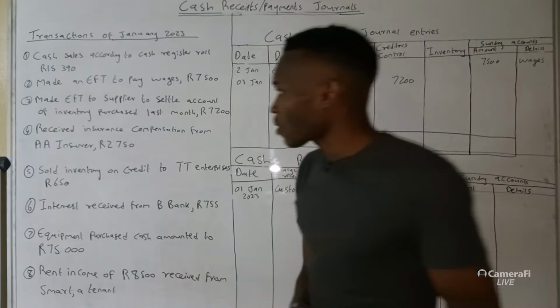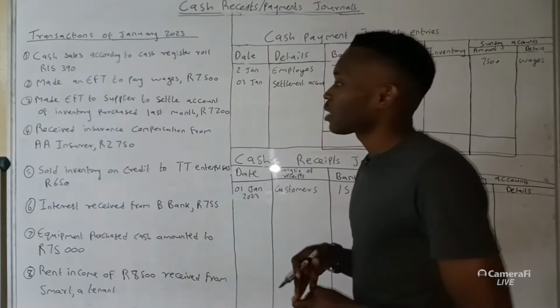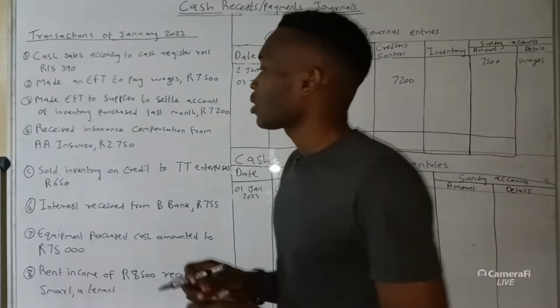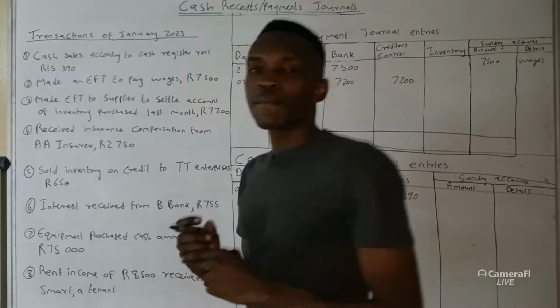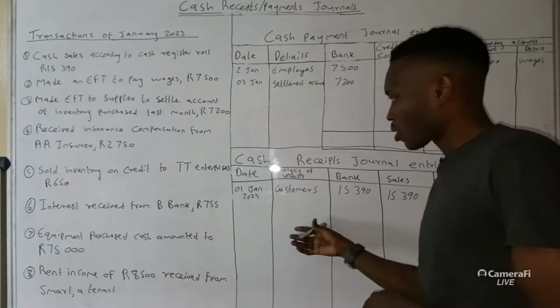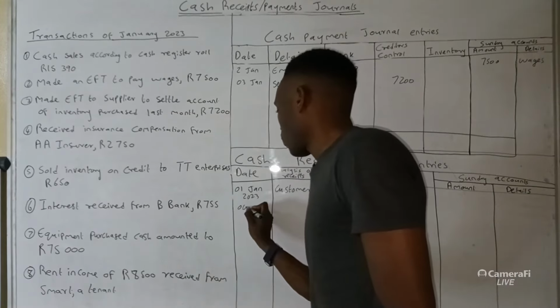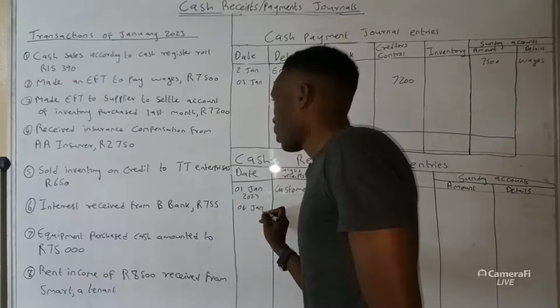All right, the following one, they said received insurance compensation from AA Insure of 2,750. This is the amount that we receive, which means that we're going to go to the cash receipt journal. It's on 4 January.